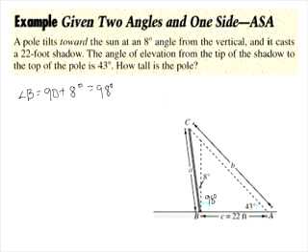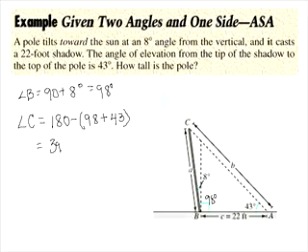We've already been given angle A, and we've been given side C. So we're also going to want to find angle C. Remember, anytime you know two angles of a triangle, you can find the third. We know that the three angles must add up to 180 degrees. So to find angle C, we're going to do 180 minus 98 plus 43. And that will equal 39 degrees. So we can now label angle C as 39 degrees.